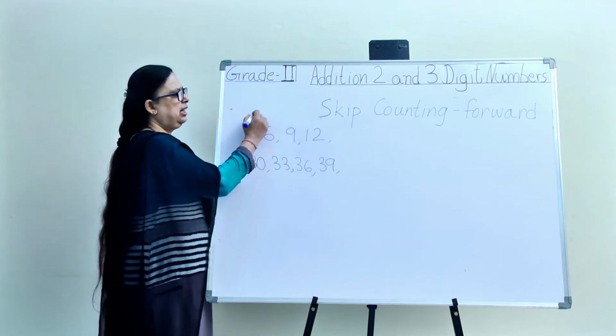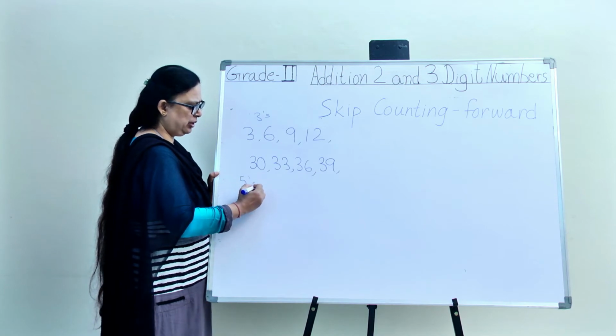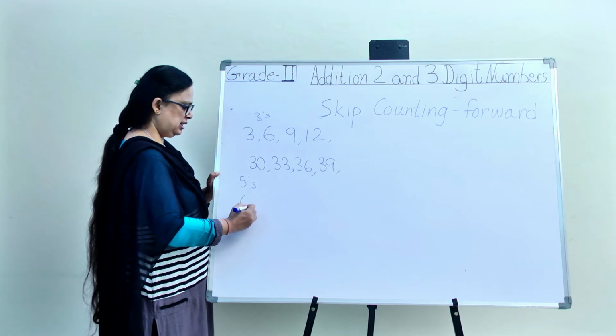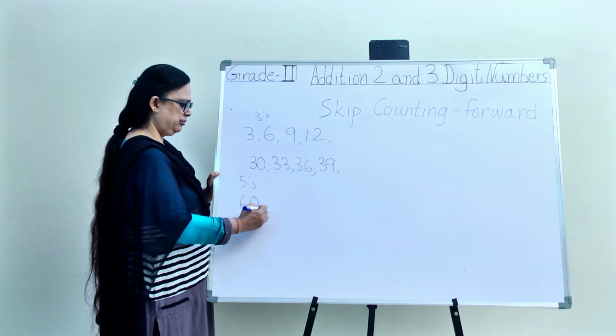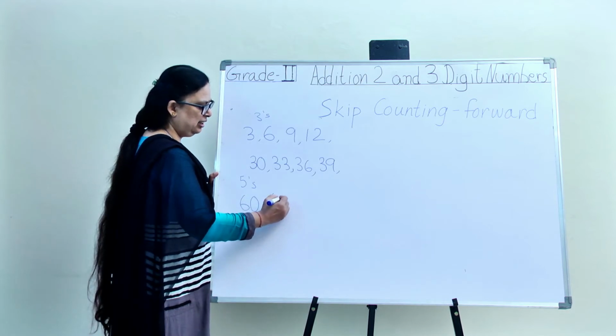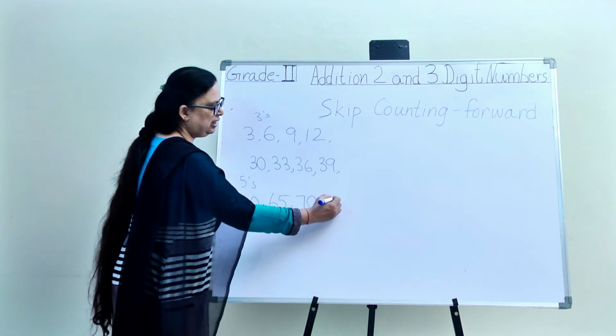This is threes. Now let's see how we are going to do skip counting by fives. Let's take the number 60. 60, 65, 70, 75.